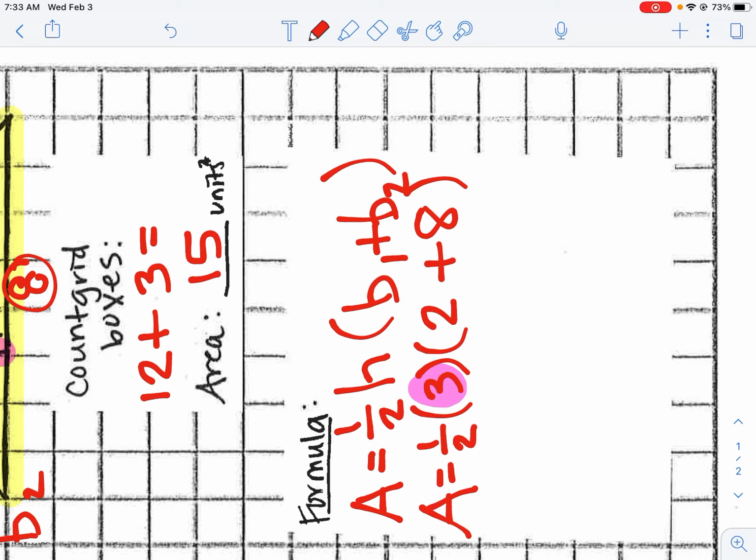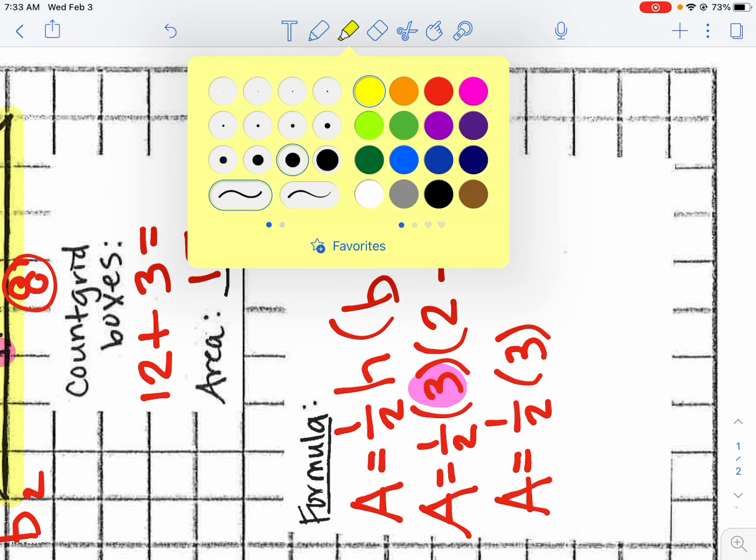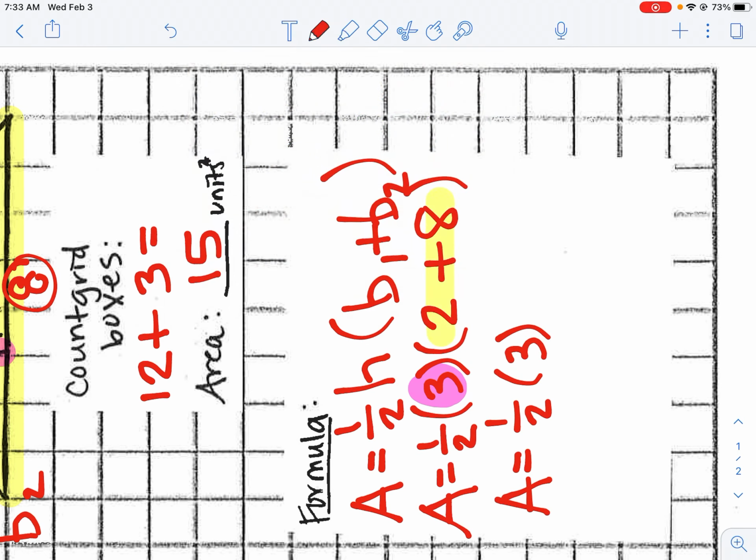Remember, we learned last chapter the commutative property of multiplication. It says the order in which you multiply numbers doesn't matter. Your answer will always be the same. So I'm actually going to leave my 1/2 times 3 for now. And I'm going to come over here and solve 2 plus 8.